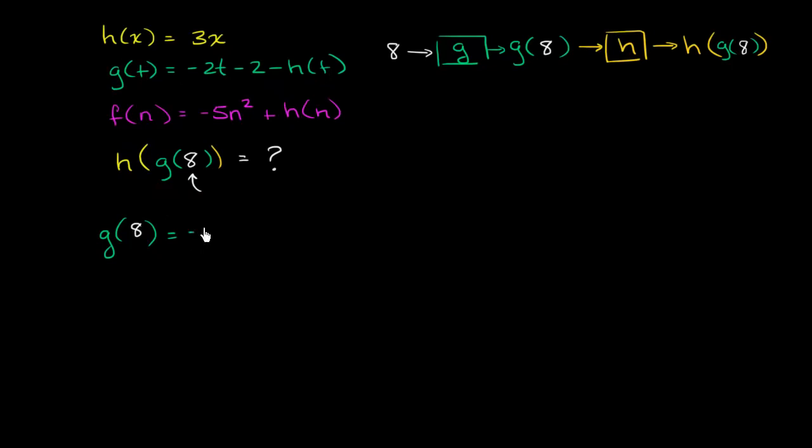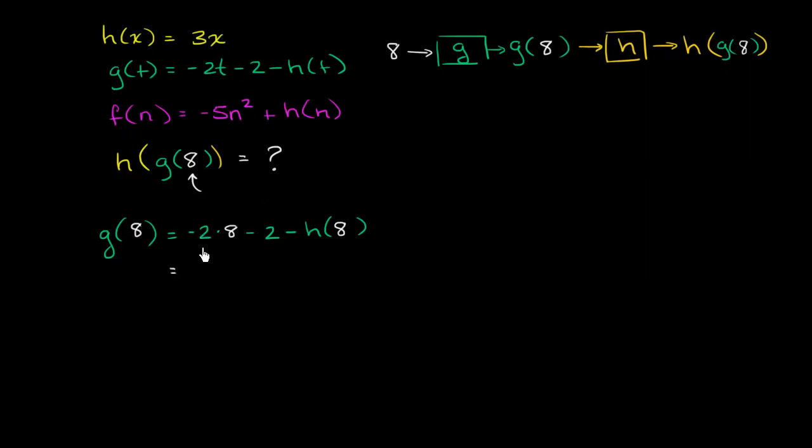So it's going to be negative 2 times 8, minus 2, minus, and this might be a little daunting, but let's just replace this t with an 8 and then see if we can make sense of it. Minus 2 minus h of 8. Notice, to evaluate g of 8, all we did is everywhere we saw a t, we replaced it with the input 8.